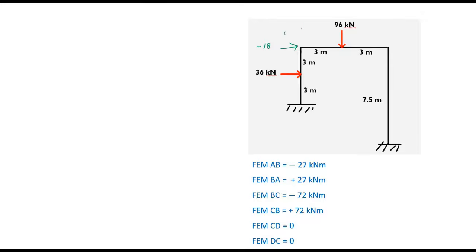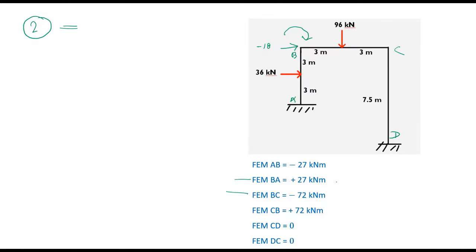Now we have to calculate the second system coordinate. The second system coordinate is a moment, right? Therefore, in order to calculate it, we can make use of the fixed end moments at B, that is at BA and BC.